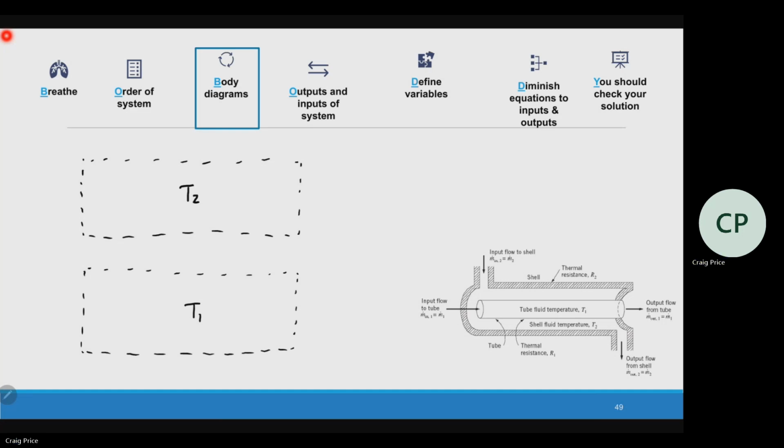And yeah, I'm gonna leave you at that. So I've got my two different tanks. This is the inner shell, this is the shell. Sorry, what? No, this is the tube. This is the shell, T2.